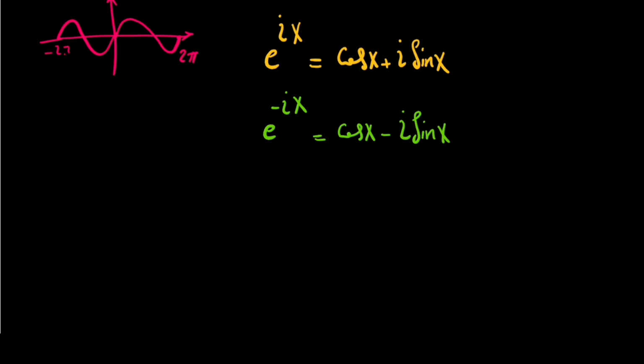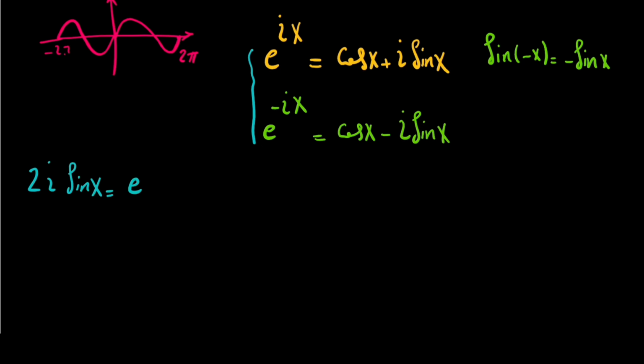Why? Because you know the sine of minus x is equal to minus sine x. So here we go. If we subtract these two equations, you know the 2i times sine x will be equal to e to the power of ix minus e to the power of minus ix.